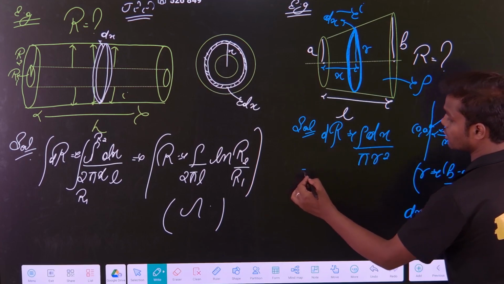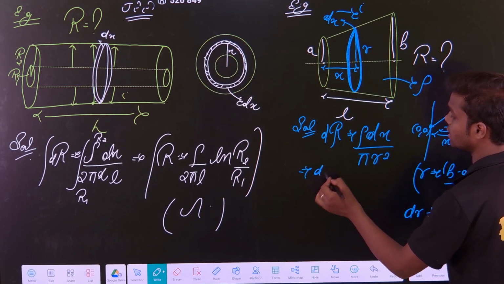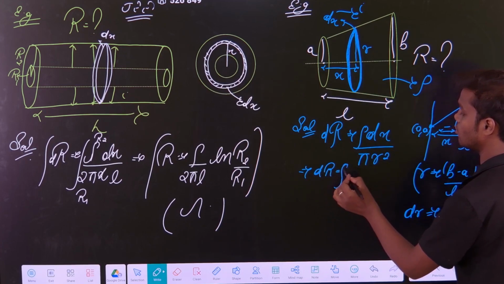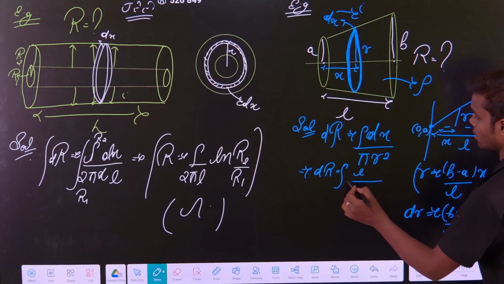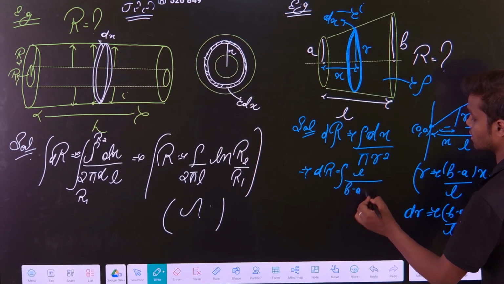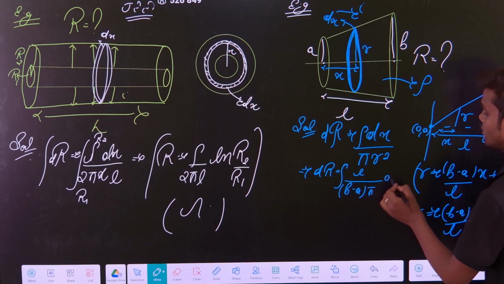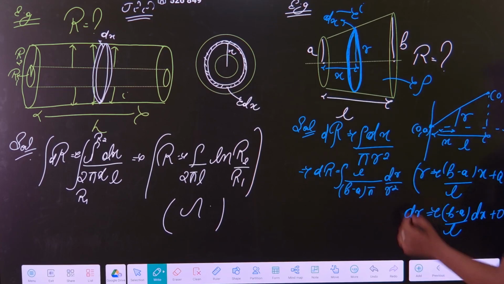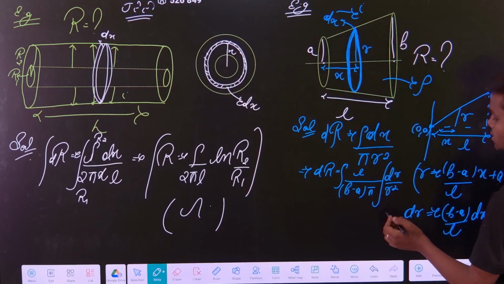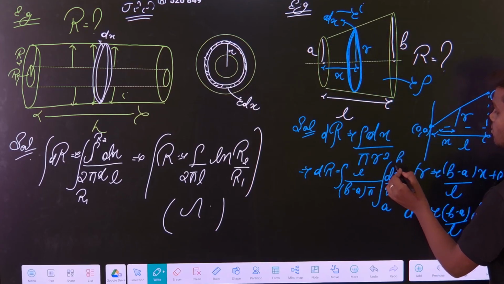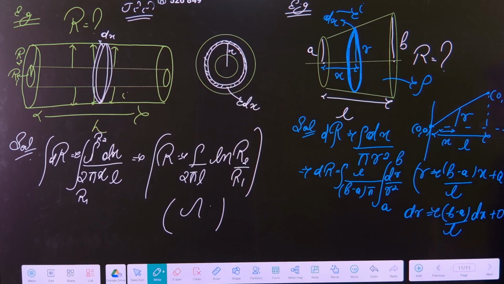What will you get? dr is equal to rho, and the value of dx is L divided by (b minus a) into dr, with area pi r square, correct? Now what is the integration limit? The limit of integration is from r equal to a to b, correct? Clear? So let us do this integration on the next page.